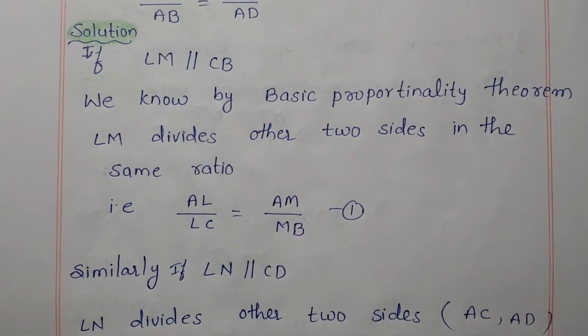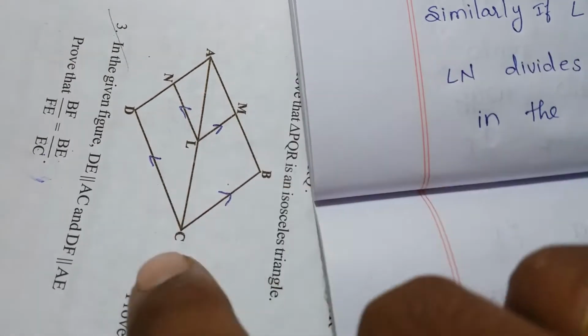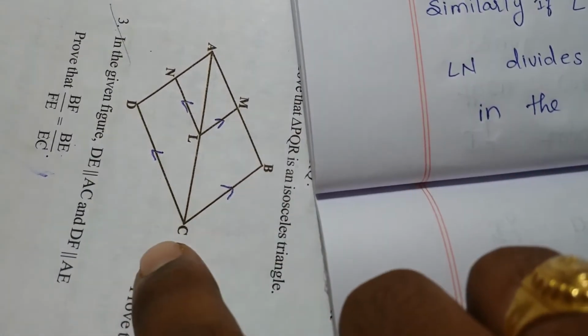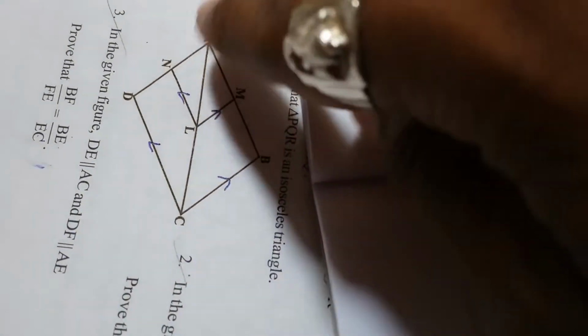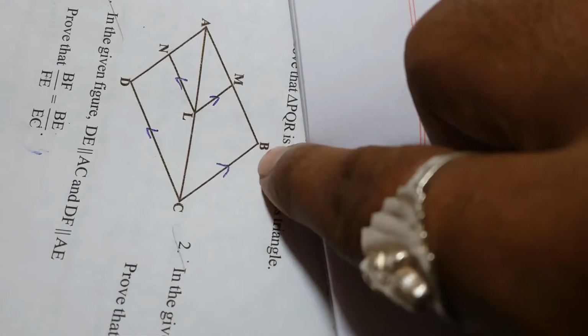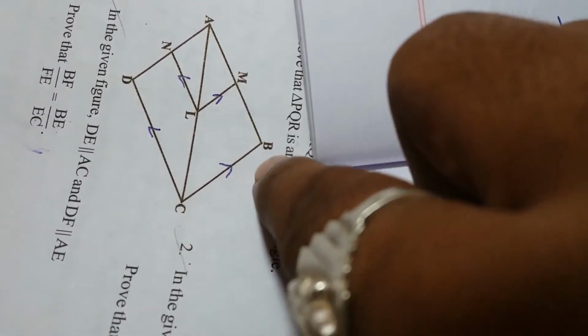We will see the diagram. So this is a diagram. LM is parallel to CB. So in this triangle ABC, LM is parallel to CB.